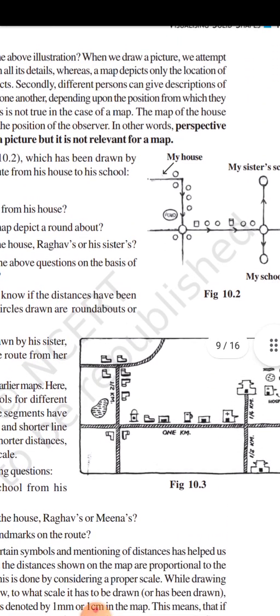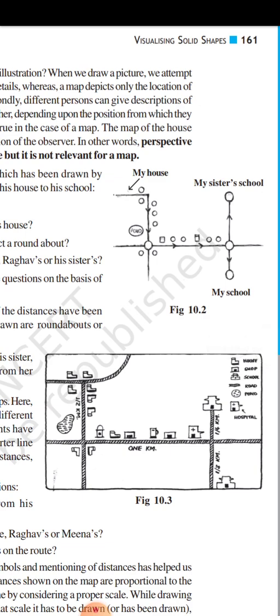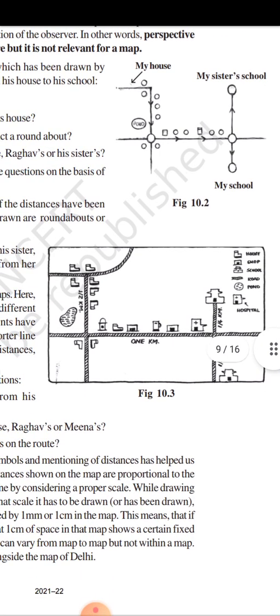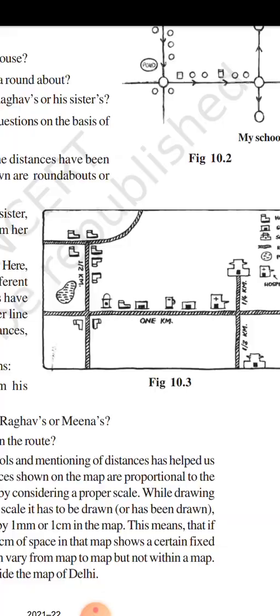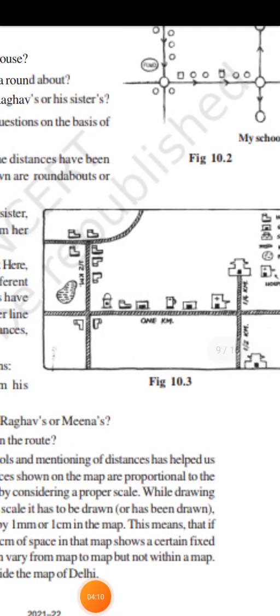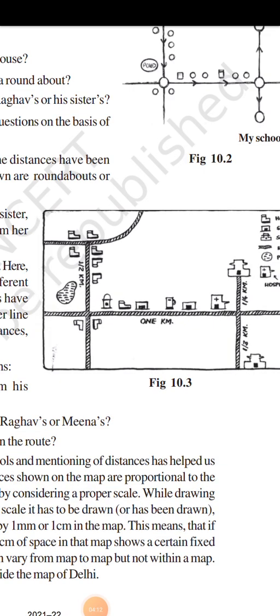By looking at this, we are not able to answer these questions. But look at the next map. By looking at this map, we are able to answer the questions. That is because it has symbols and distances in it. We can conclude that the use of certain symbols and mentioning of distances helped us to read the map easily.